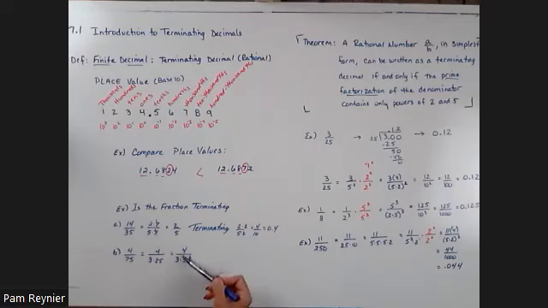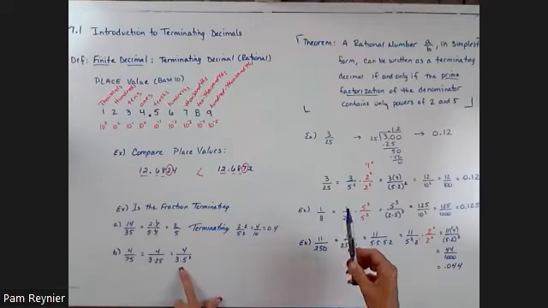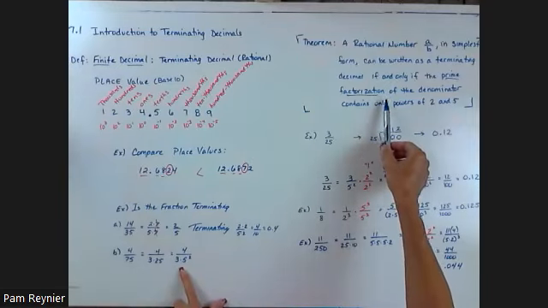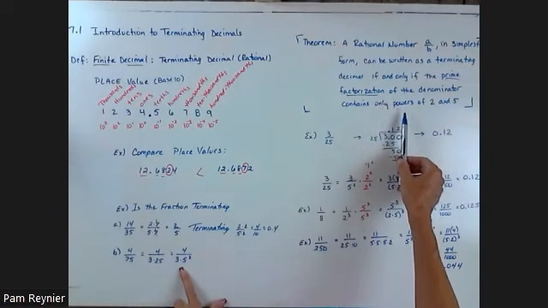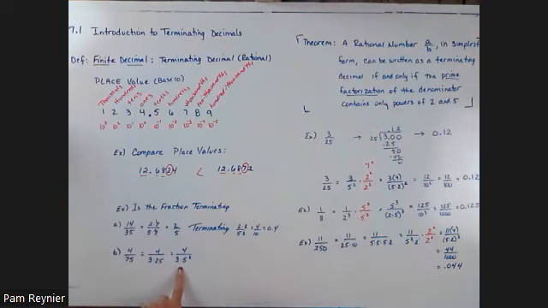I cannot reduce the 4 and the 3, so this is in simplest form. It's in simplest form, but is the denominator only powers of 2 and 5? The answer is no. And so this is non-terminating. It's going to continue forever and ever and ever infinitely. And so therefore it doesn't terminate.